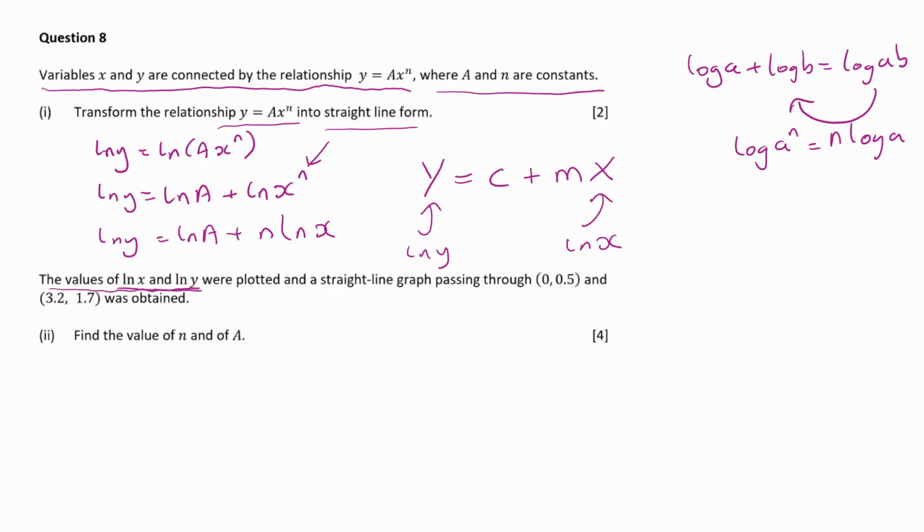Values of ln x and ln y were plotted and a straight line graph passing through (0, 0.5) and (3.2, 1.7) was obtained. Now it's important to note that this would be a value of ln x and this would be a value of ln y.